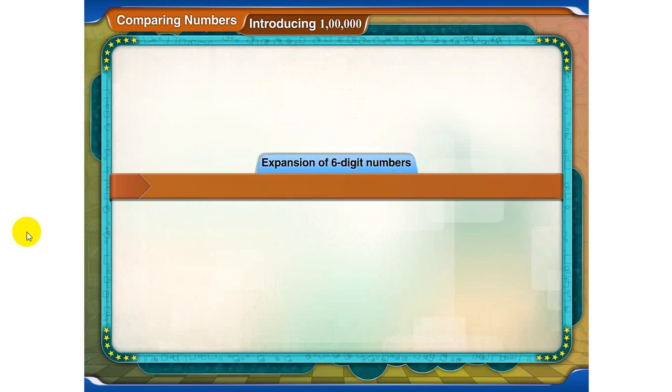We may now write 6-digit numbers in the expanded form as 2,46,853 is equal to 2 into 1 lakh plus 4 into 10,000 plus 6 into 1,000 plus 8 into 100 plus 5 into 10 plus 3 into 1.